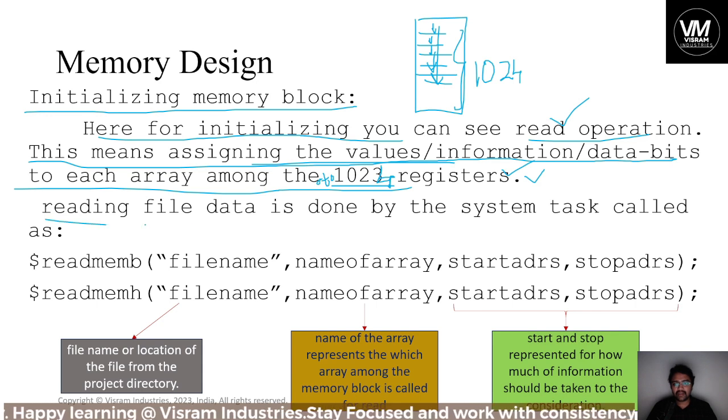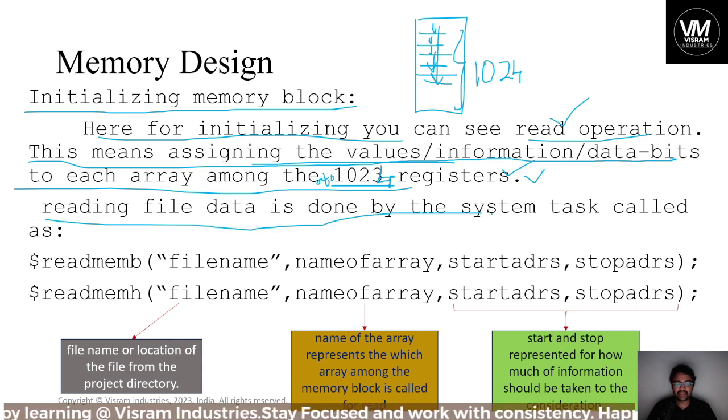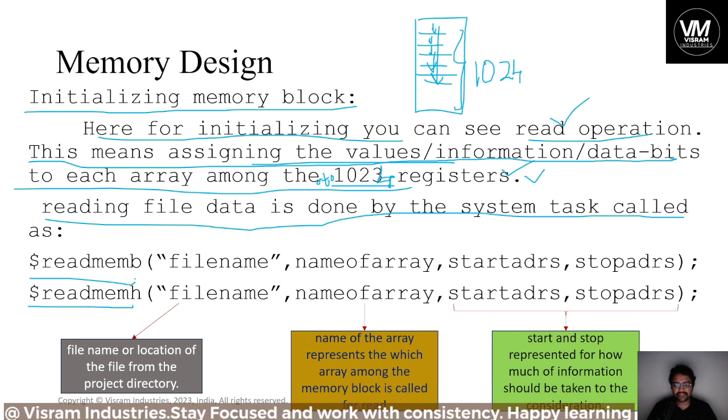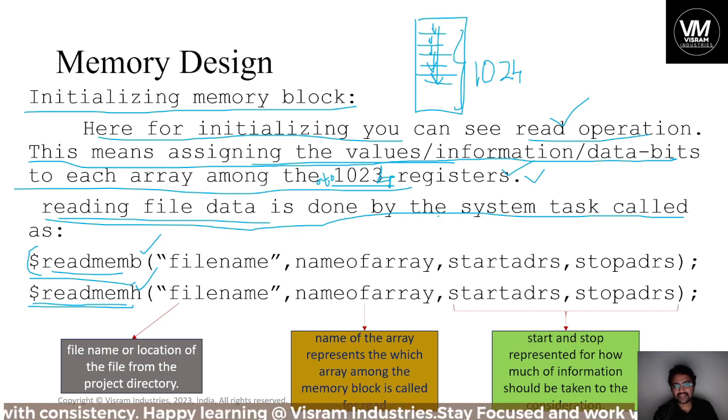And reading file data is done by the system task called read mem b or read mem h. B is binary, h is hexadecimal. No big difference, but the syntax $readmemb or $readmemh is nothing but reading file data, and it is a system task.